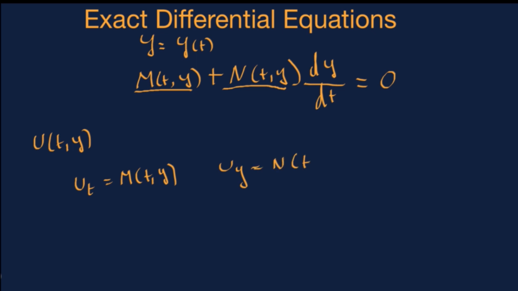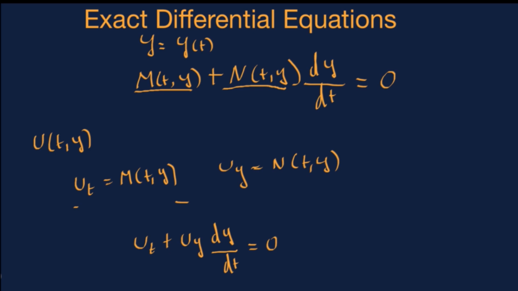And so if there is such a function out there that satisfies this condition, then that equation can be considered the exact differential equation. So then we can say that the equation is the partial derivative of u with respect to t plus the partial derivative of u with respect to y times the derivative of y with respect to t is equal to 0.